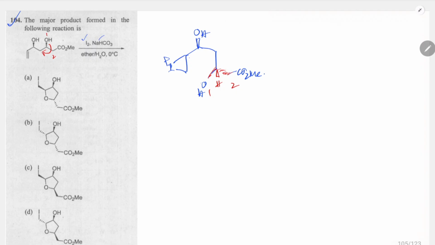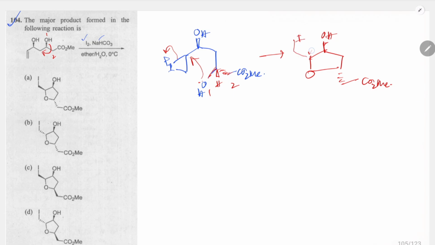After that, this will attack this center forming the 5-member ring, and it will give the final product as this: this is oxygen, this is CO2Me, and here OH, and here this is iodine.